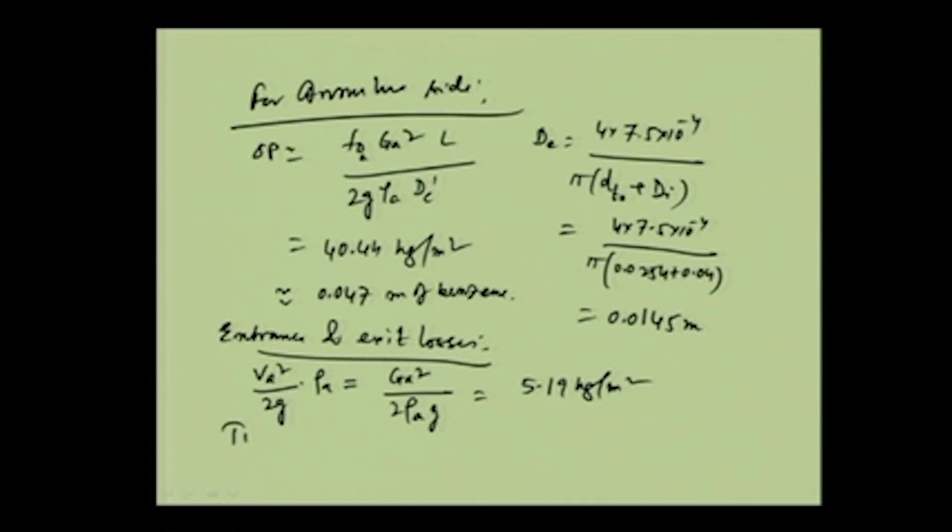So total loss equals, add these two, 40 plus 5, 45.63 kg per meter square, which is equivalent to 0.053 meter of benzene. So this is the pressure head.